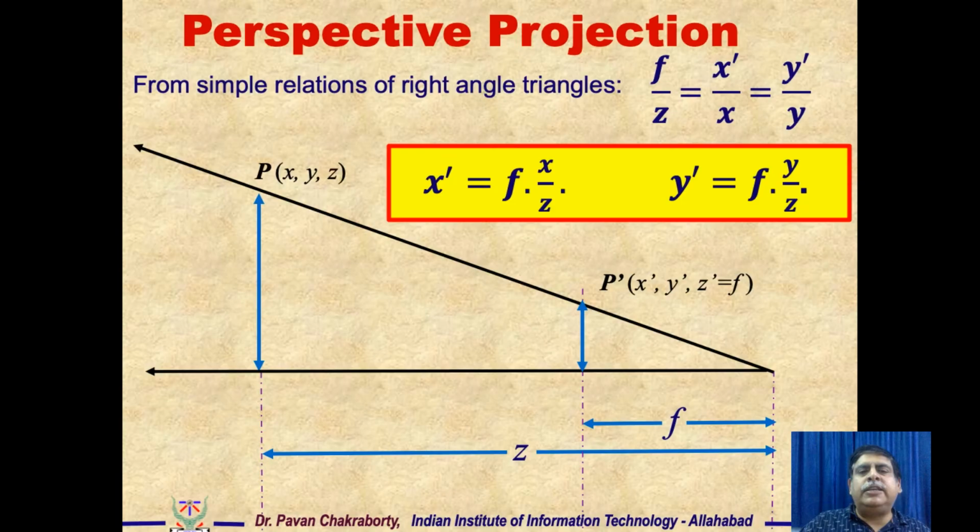Now this can be written as x prime is equal to f times x by z and y prime is equal to f times y by z.